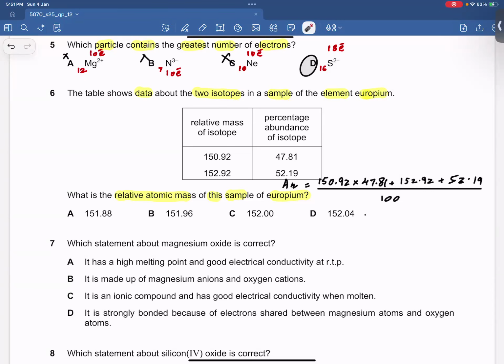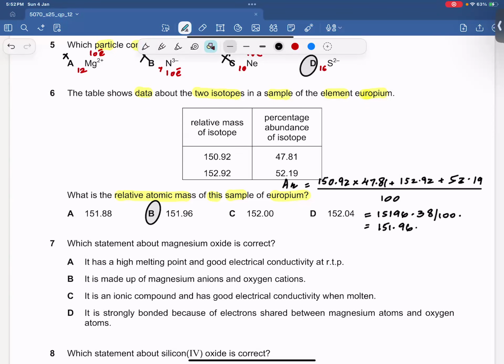So it's basically 15196.38, divided by 100. So it's going to be 151.96. So I believe B is going to be the right answer.